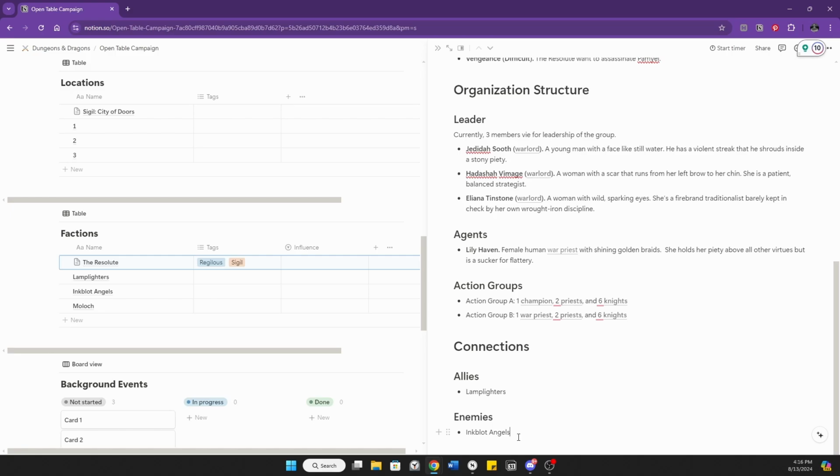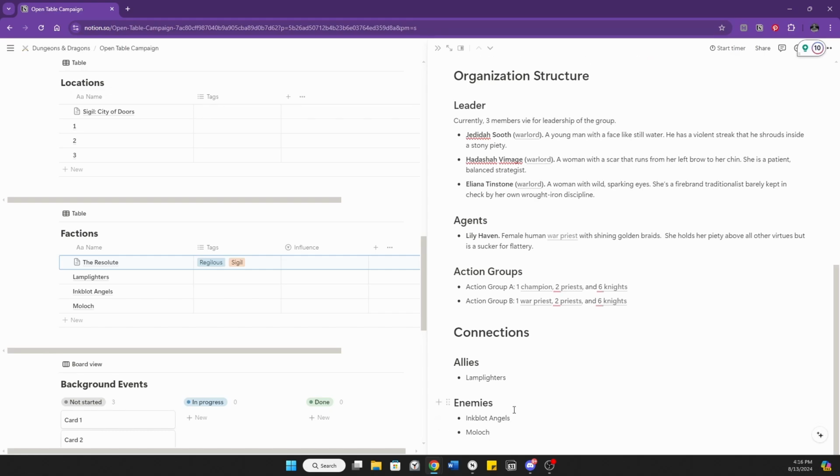So he is an additional faction that is not too fond of the Resolute. I'm not putting any detail about those factions here because I will build them out later in their own faction page.